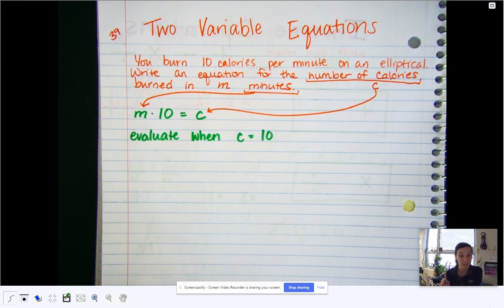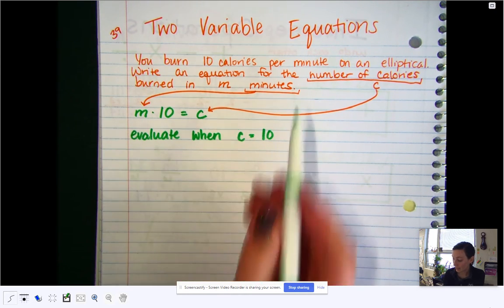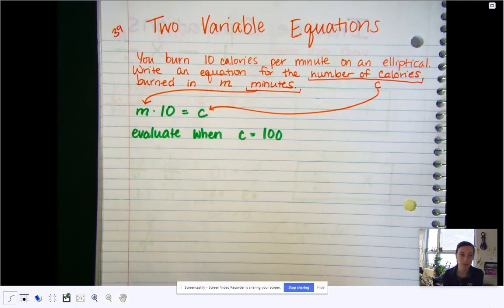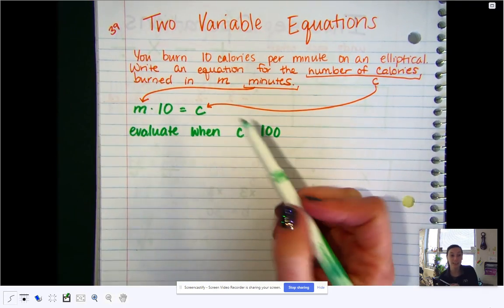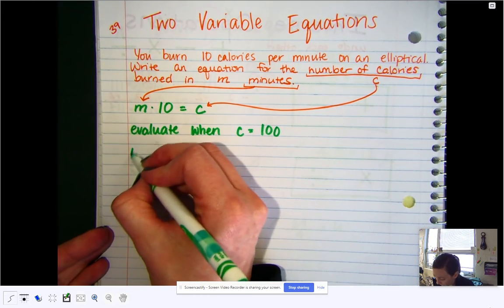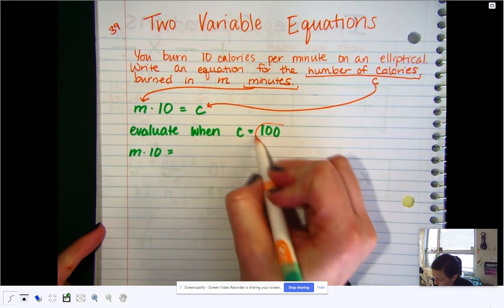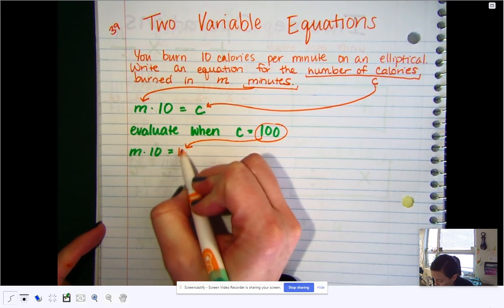This language should sound a little bit familiar to you because you've heard this before, just we're doing less complicated things. So now I'm going to take C and plug in 100. So now instead of M times 10 equals C, I'm going to do M times 10 equals 100.